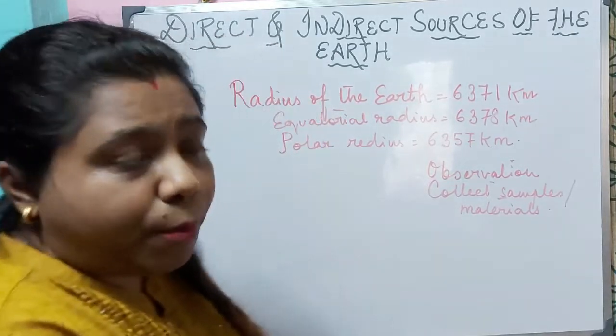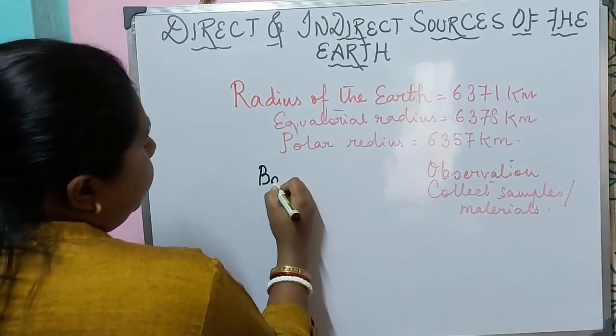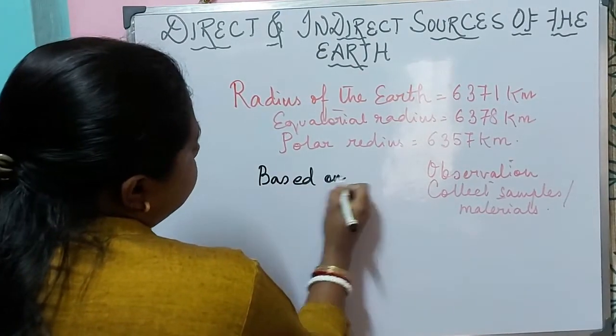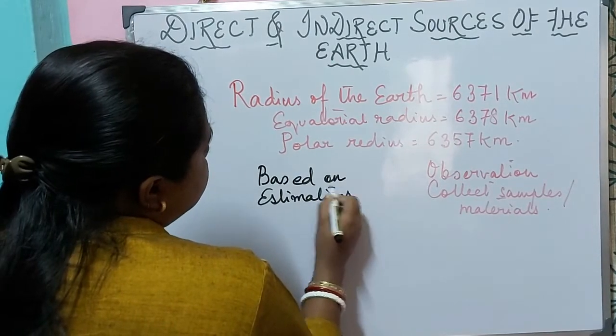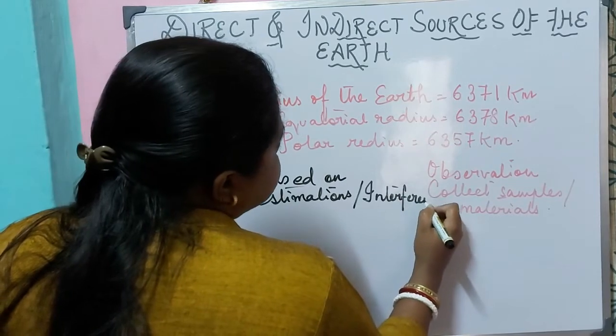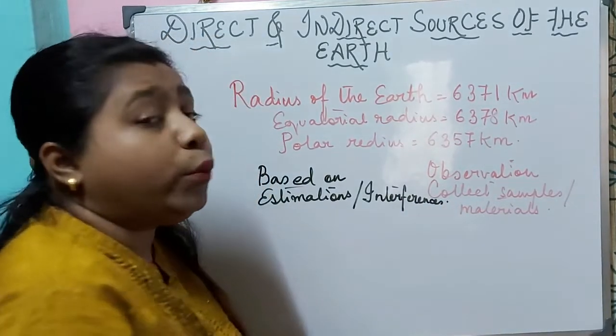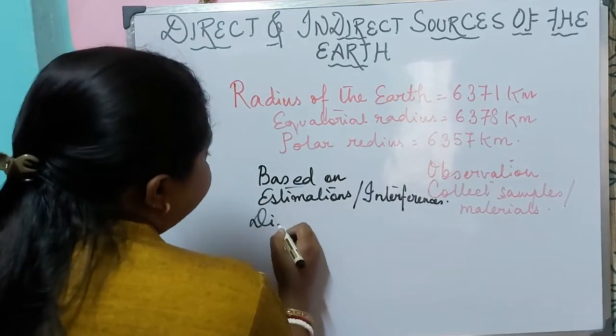Now, most of the information that we have about the interior of the earth is based on estimations and inferences. But yes, we do have other sources of information. Those are direct sources.